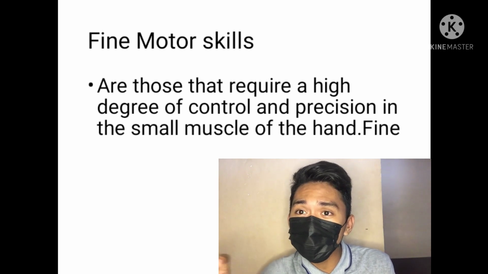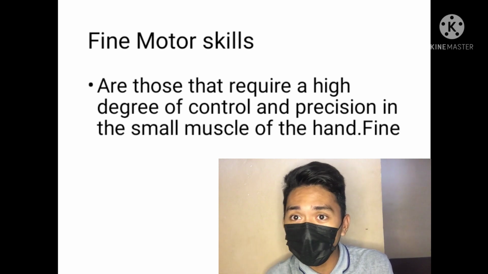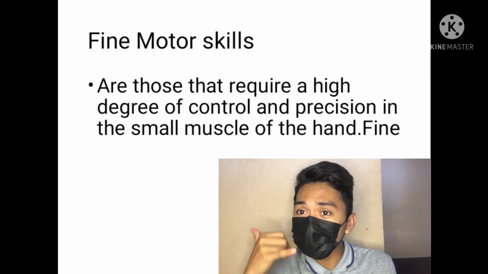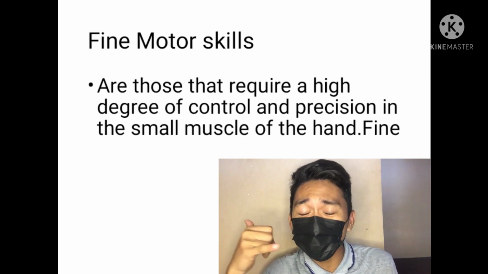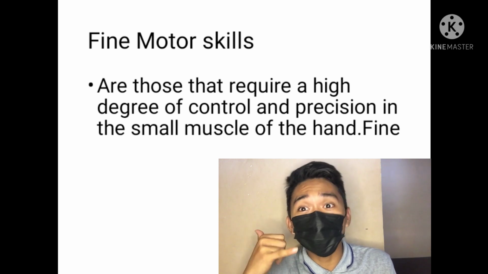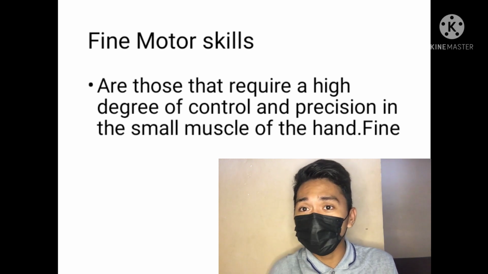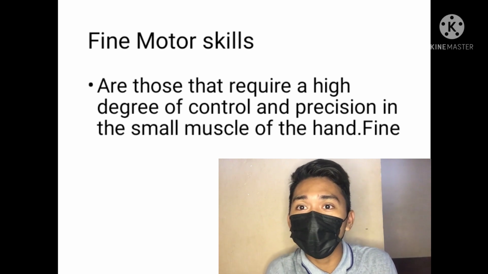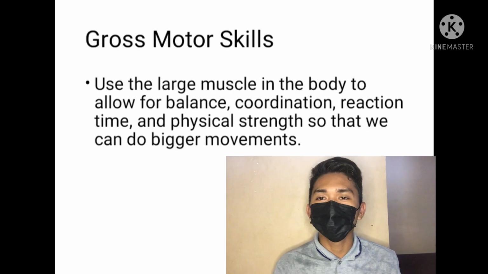When we use a fork, small muscles are required. Another example is dialing a phone. Dialing a phone uses small muscles or a tiny movement. So that's a fine motor skill. The root idea of fine motor skills is that we are using our small muscles to move.